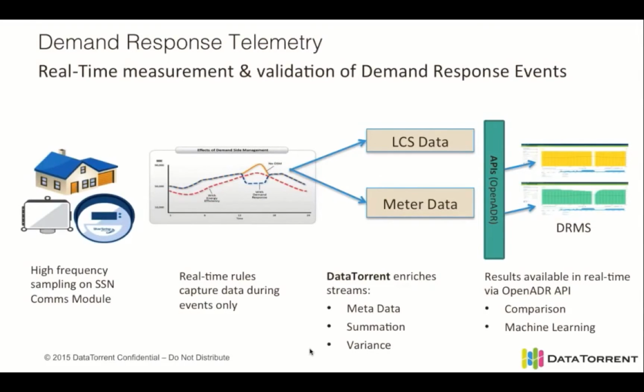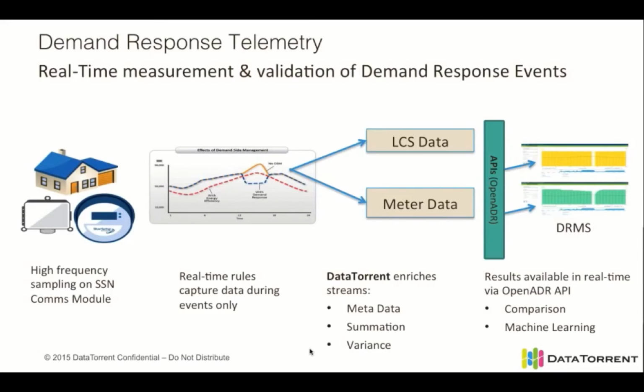So I pretty much talked through this slide already, but the way that this happens is immediately after sending a load shed event to the meters, this triggers the meters to start streaming data in real time back to our real-time stream processing, and the DataTorrent process enriches those streams with metadata so that it's contextualized.